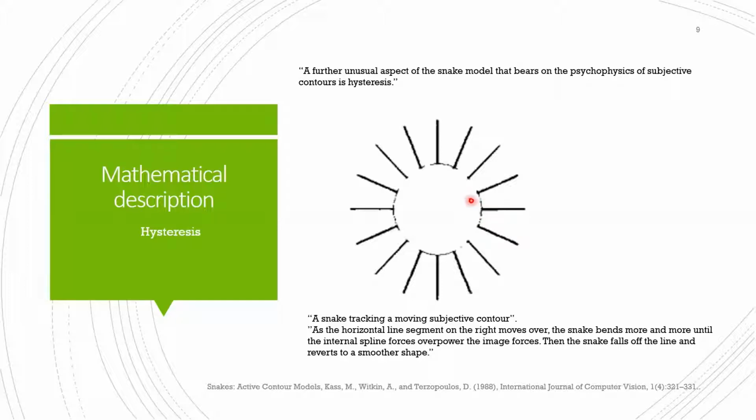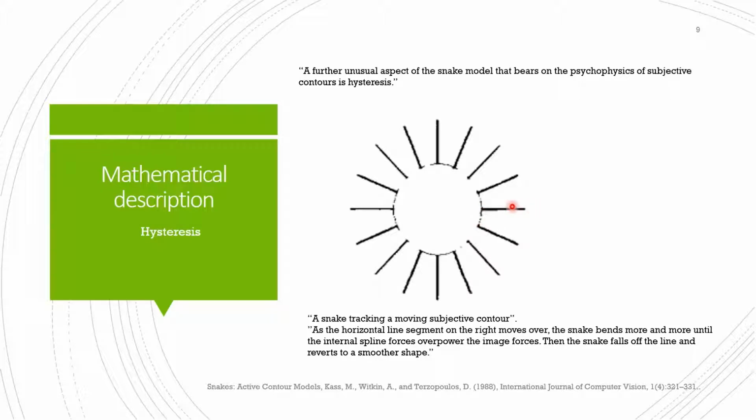Here I will run an animation. You keep your eye on this part. Here what will happen is that this line will be drawn towards the right. Initially, when we are drawing this line towards the right, the snake will follow the line, like it will turn like this as we are drawing it.